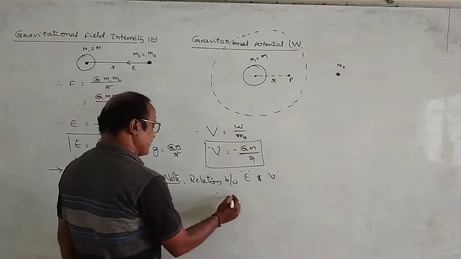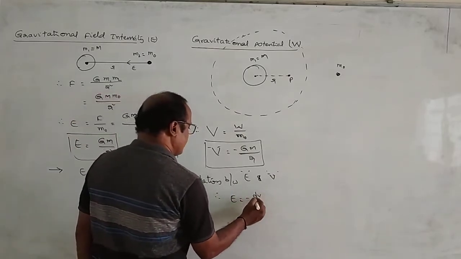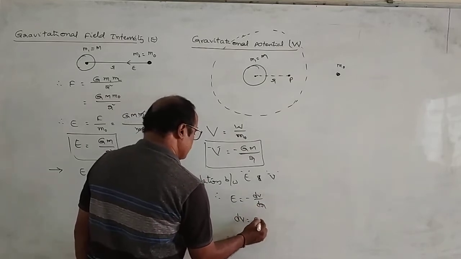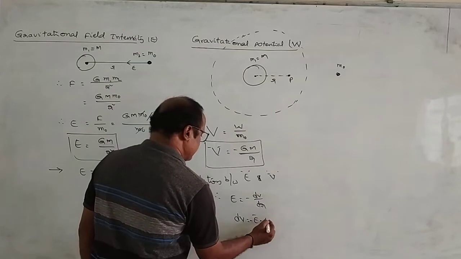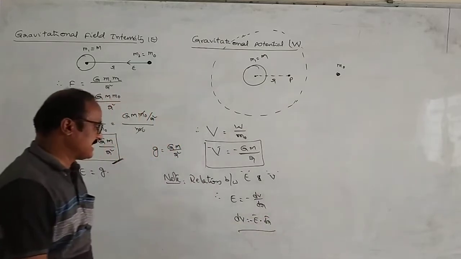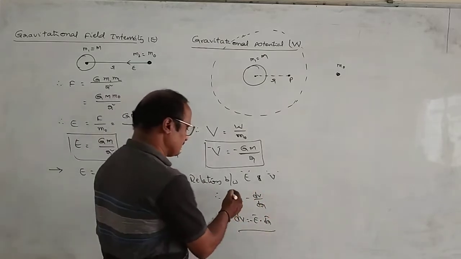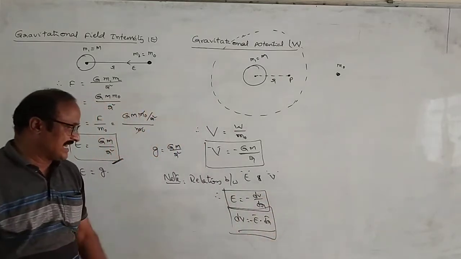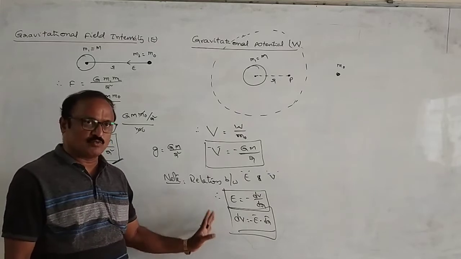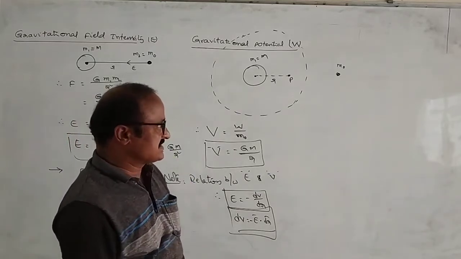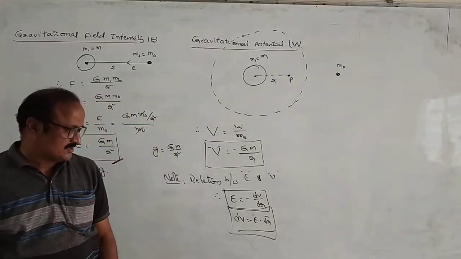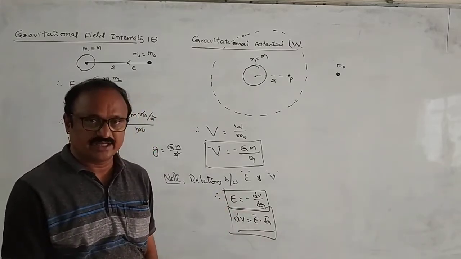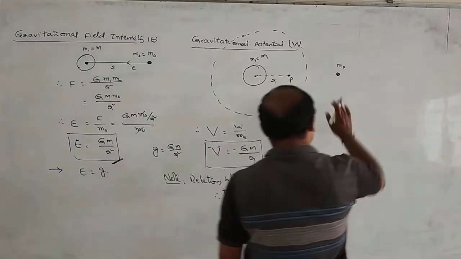The relation is E is equal to minus dV by dr, or dV is equal to minus E dot dr. So these are the formulas related to potential difference and gravitational field intensity. Remember these two points. From the concept point of view, there is no question asked from this concept. Okay, now, that is gravitational potential.